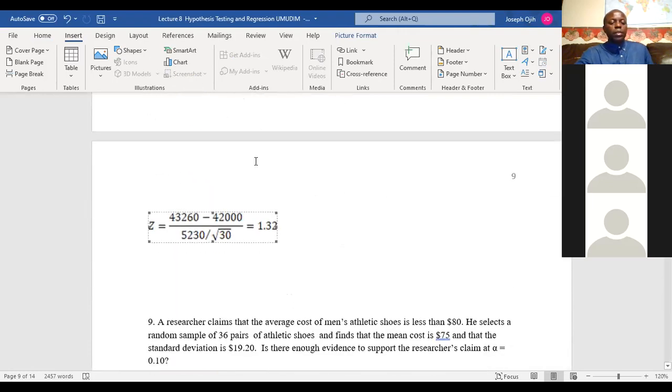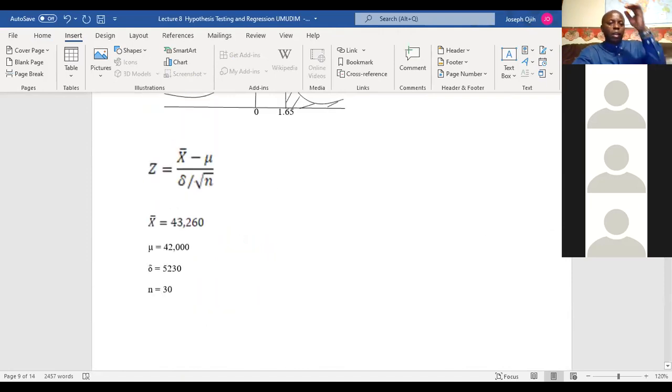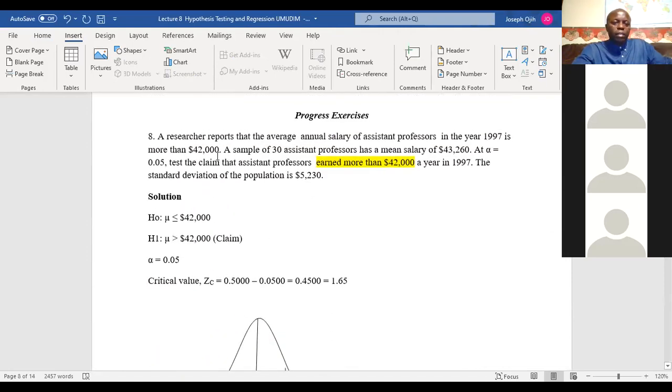This is our result. Now remember the question says at alpha 0.05, test the claim that assistant professors earned more than 42,000 a year in 1997.